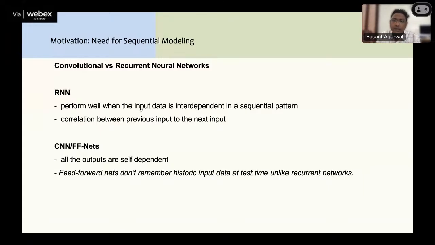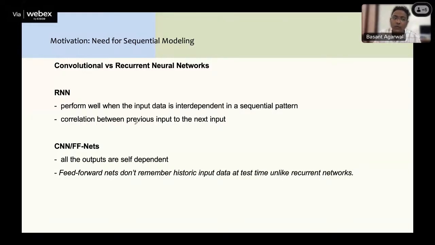If the data is coming in a sequence, and at any moment the output depends not just on the current input but also on the previous inputs, then in those kinds of situations the recurrent network should be tried. There is a relation between previous inputs and the current input.